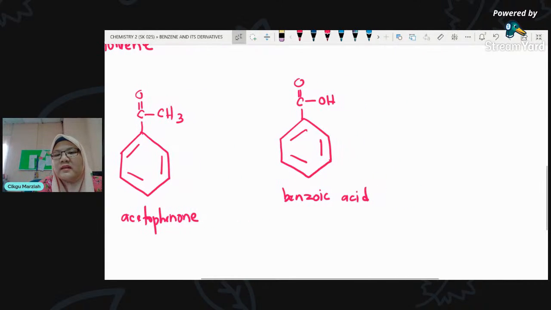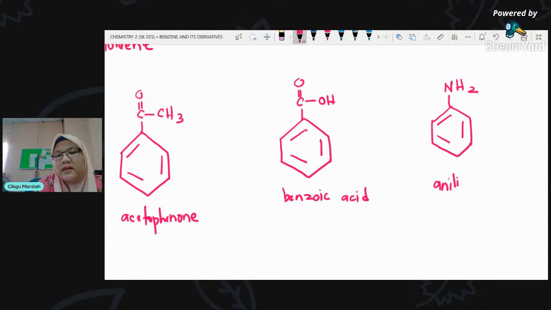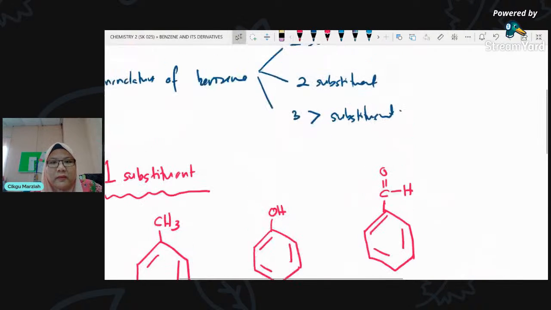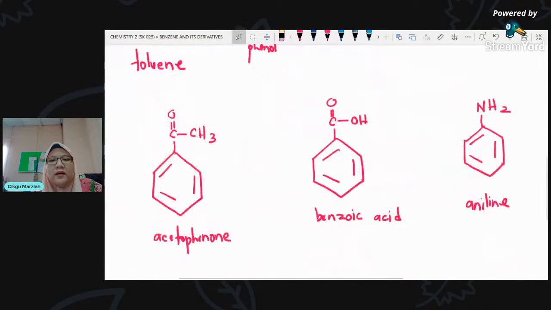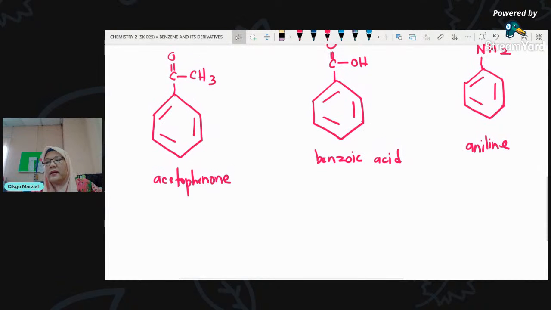And the last one is if we have a benzene and it's bonded to NH2, so we call it an aniline. Okay, so this is a benzene with one substituent where the common name is accepted by IUPAC. Okay, kita ada berapa? 3, 6. Okay, 6. Kena tahulah nama-nama ni. Kalau ada, then kita dah tahu dia macam mana.